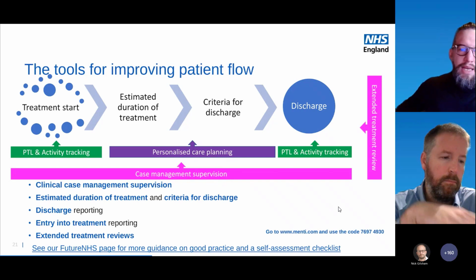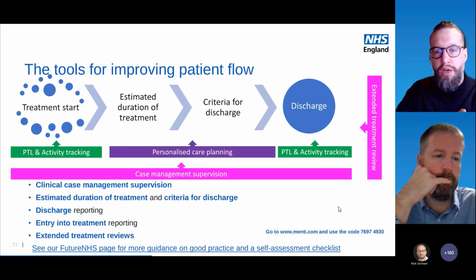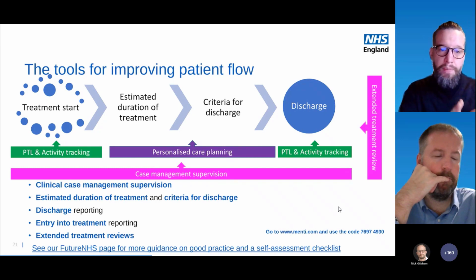Secondly is around setting estimated durations of treatment and criteria for discharge for each patient within co-produced, personalised care plans that are based on the strengths, needs, and aspirations of each patient. And without that sort of approach to contracting with patients around what care they're going to receive, we often have variation in what's offered between different clinicians that we don't have any oversight of.